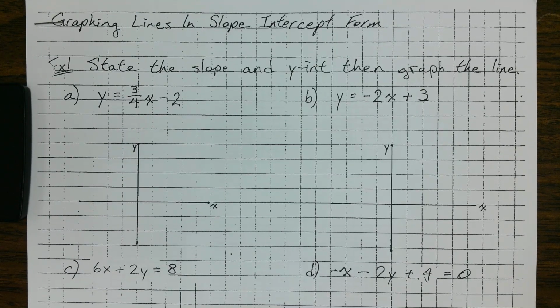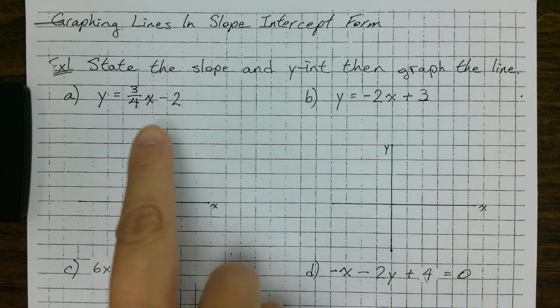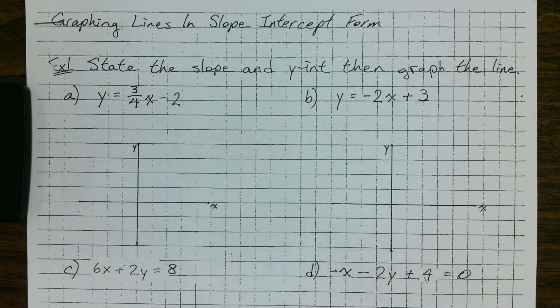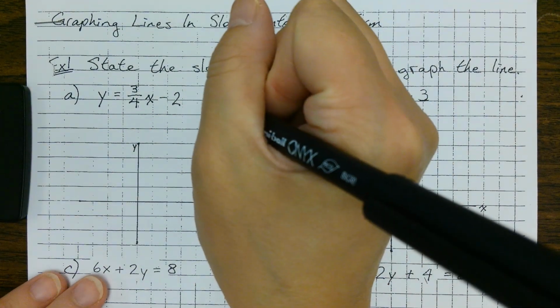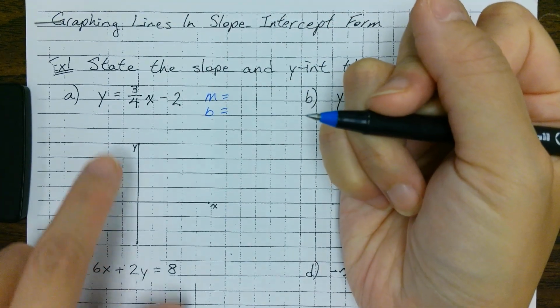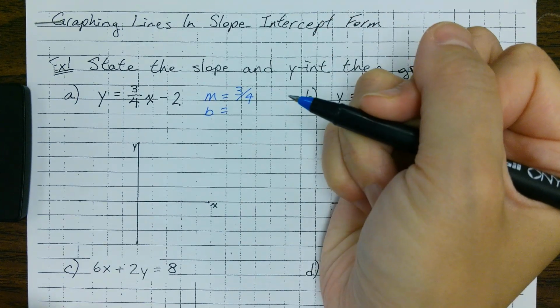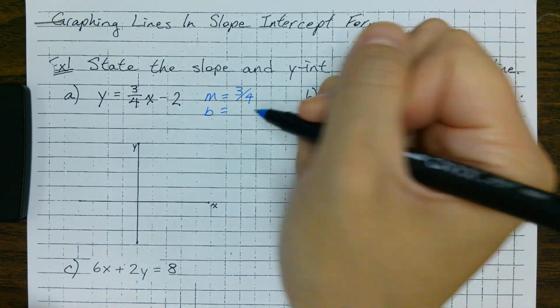Okay, so now that we know how to put equations into y equals mx plus b form, we can graph it. So you notice here, this is in slope-intercept form already. What is my slope? What is my y-intercept? 3 over 4. Good. And your y-intercept?